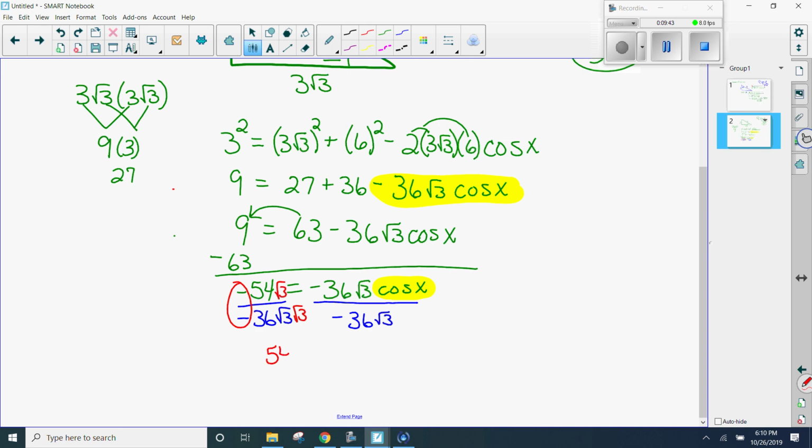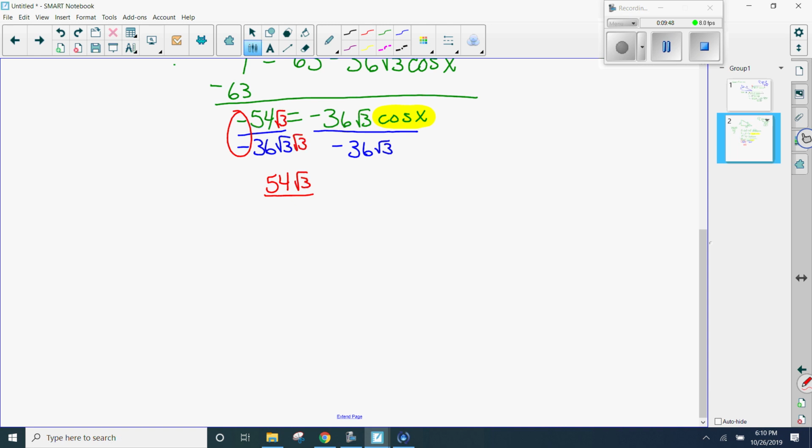So we end up with 54 radical 3 over, radical 3 times radical 3 is 3, so 36 times 3, which is 108.